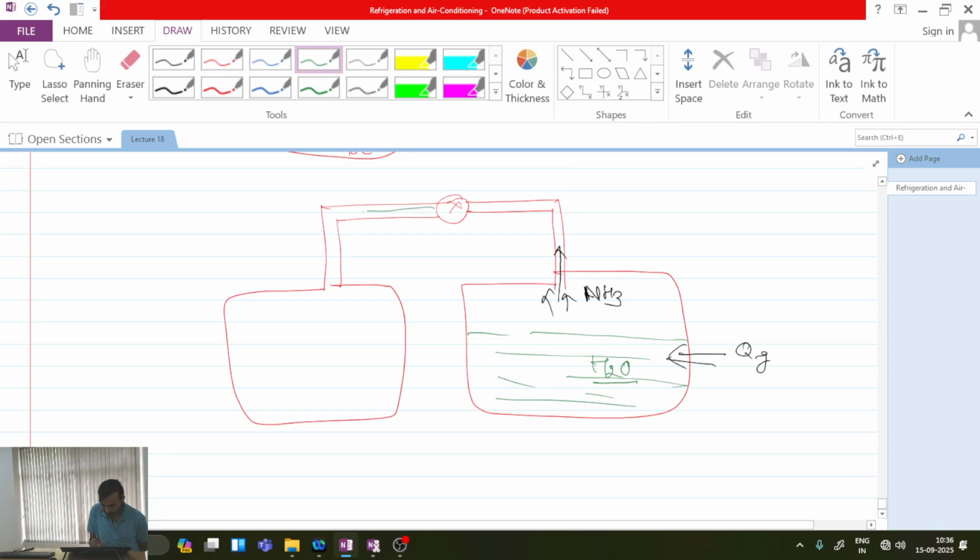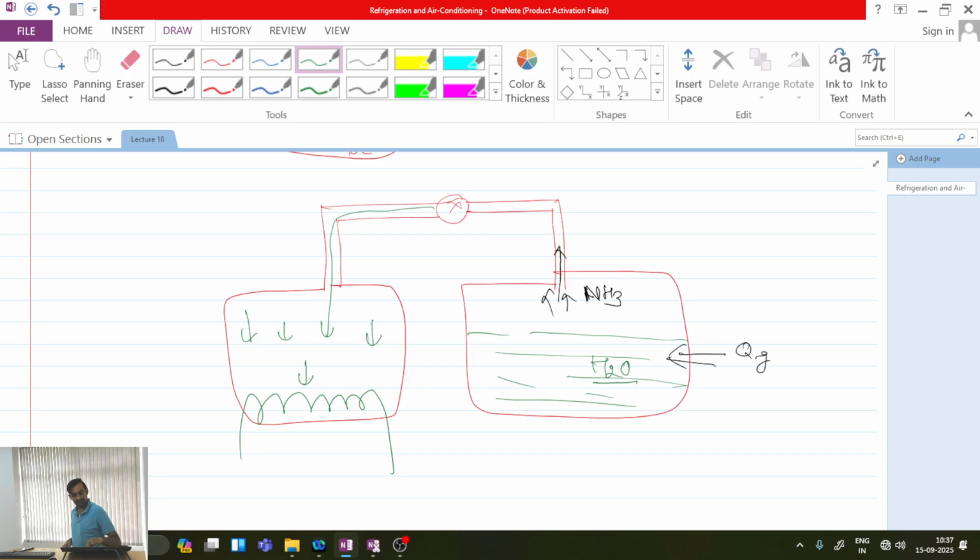And all these ammonia vapors which are coming over here, in order to convert these to liquid state, I need to cool this. So here I need to further do cooling so that my ammonia vapor can convert into liquid. So if I do this operation, then again I can come back to the original situation. Okay. Is this point clear?